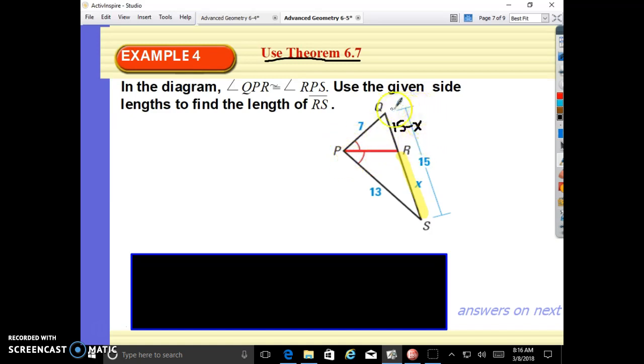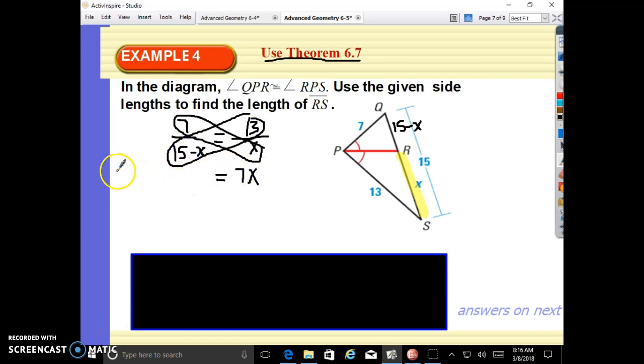So what we are going to use is 7 is to 15 minus x, as 13 is to x. Cross products and solve. So 7x equals 13 times 15 minus x.